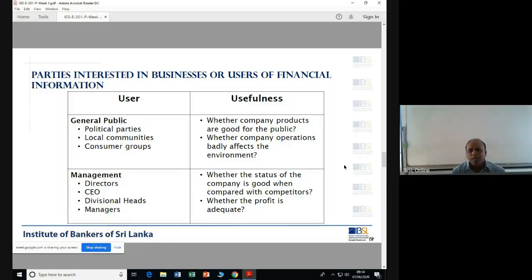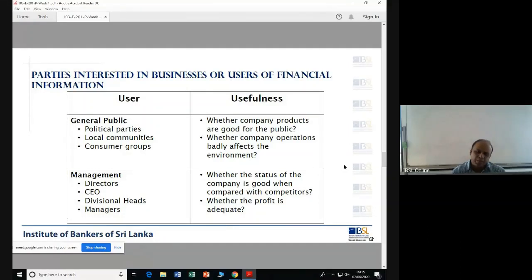So we would like to know whether the company products are good for the public. As a consumer group, I would like to know whether the products of this company are good for the public or not. Whether the company operations badly affect the environment or not. If I am a responsible citizen, I should always ensure that I am not making any bad effects on the environment.